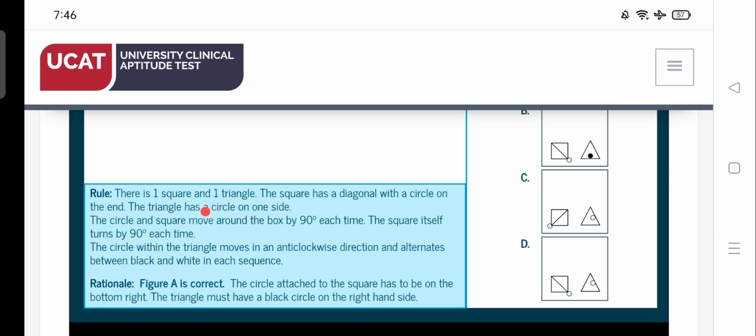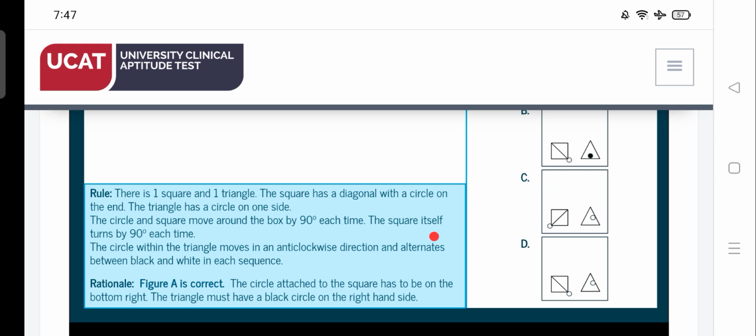There is one square and one triangle. The square has a diagonal with a circle on the end. The triangle has a circle on one side. The circle and square move around the box by 90 degrees each time.